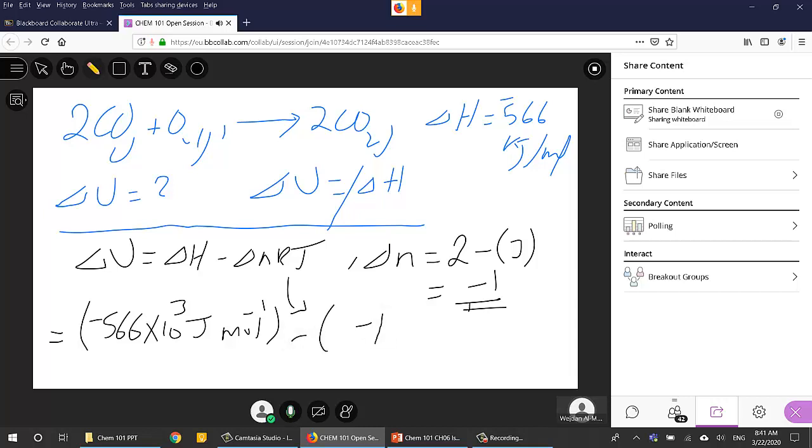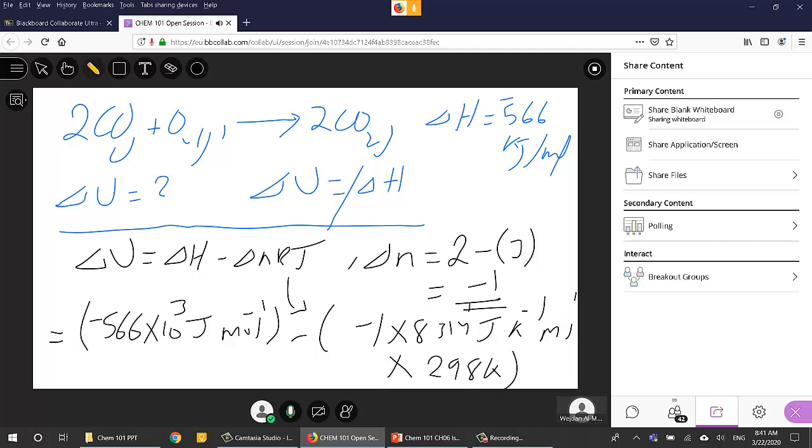Delta N is minus 1, times R, which is 8.314 joule Kelvin minus 1 mole minus 1, times T, which is 25 Celsius, that's 298 Kelvin.